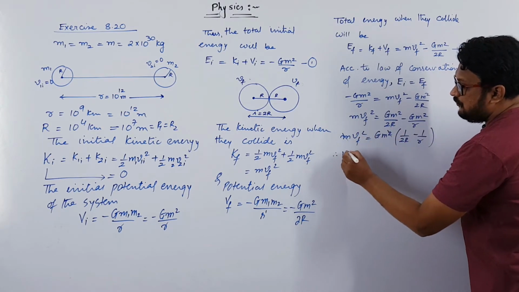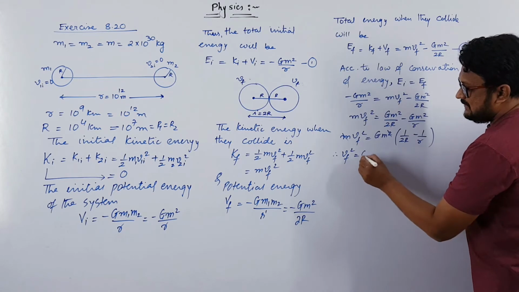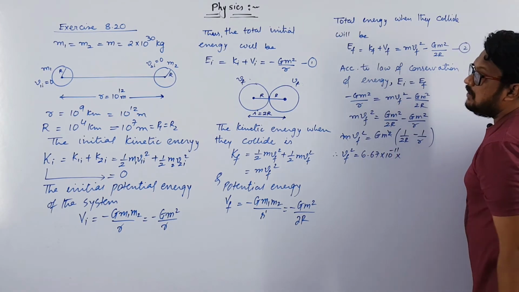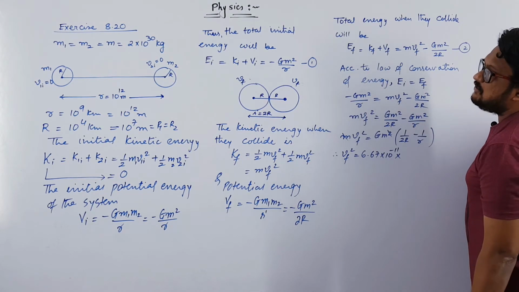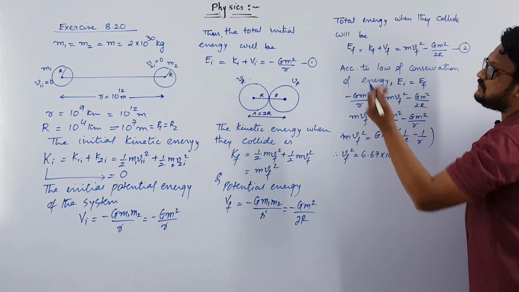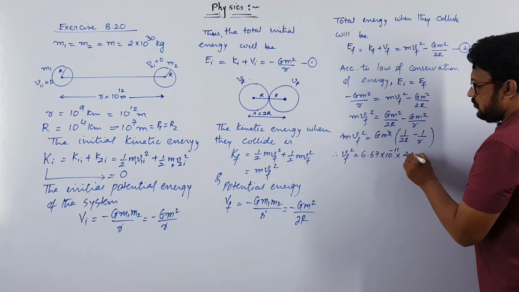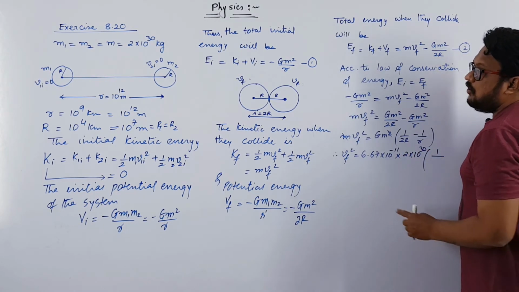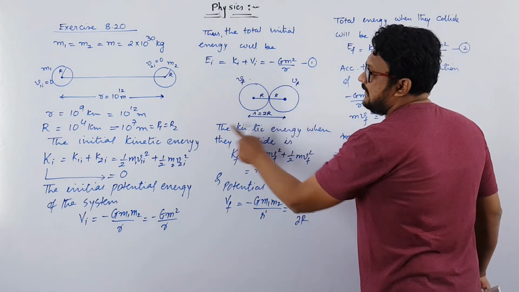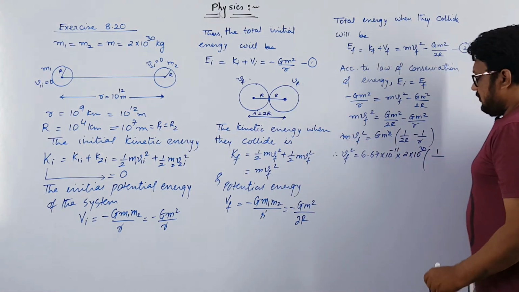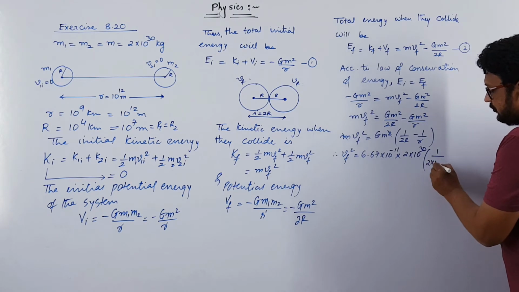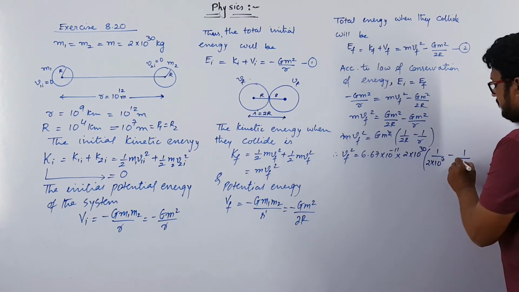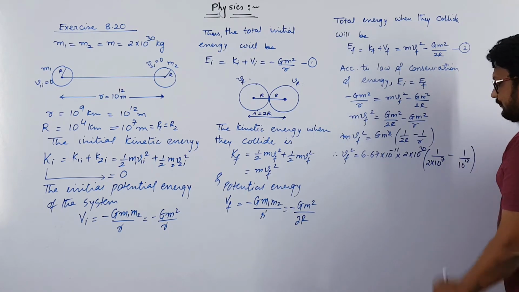So therefore vf square will be equal to G is 6.67 into 10 to the power minus 11, into mass of each star, sorry, is 2 into 10 to the power 30 kg, 2 into 10 to the power 30, into 1 by 2r, and r is actually 10 to the power 7. So 2 into 10 to the power 7, minus 1 over 10 to the power 12, right?